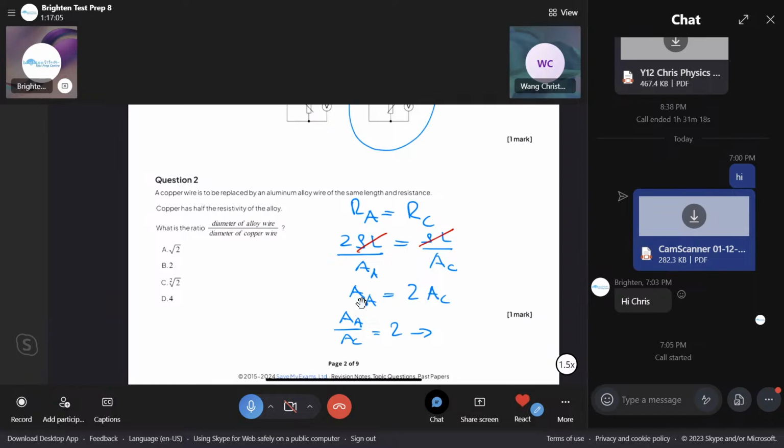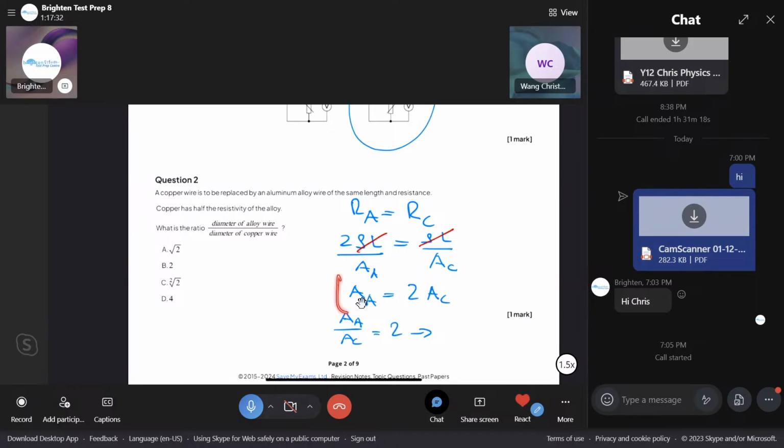Chris, when you say, how can you link the area with the diameter? Straightforward. Because ultimately you are asked to give a number. If you would not be given a number, you could leave it with that and say, okay, that's the ratio between the two areas, and that's just times 2.